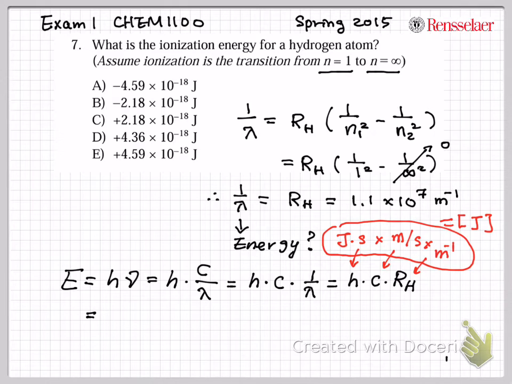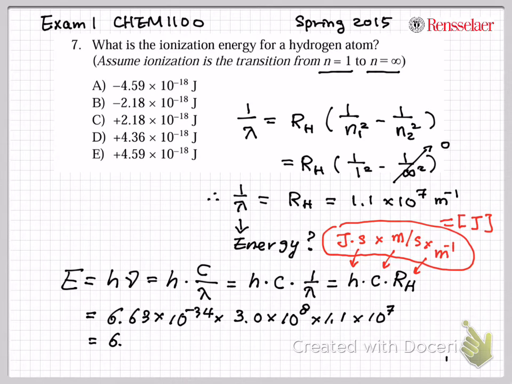So let's go back and choose the numbers. 6.63 times 10 to the minus 34, the speed of light 3.0 times 10 to the 8, and RH, which is 1.1 times 10 to the 7. And like I mentioned before, instead of plugging in all these numbers, you just want to group them together.